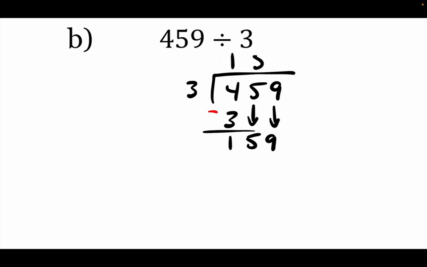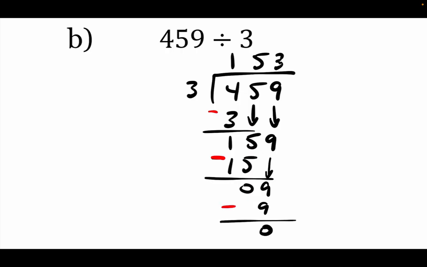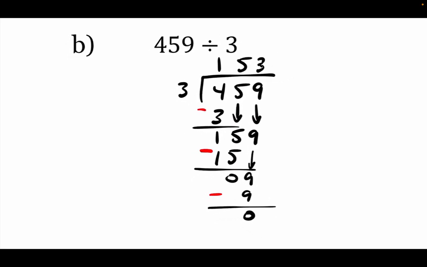So I do that again. And then I bring down the 9 I haven't used yet. 3 goes into 9 3 times. Subtract 9. And I got a remainder of 0.